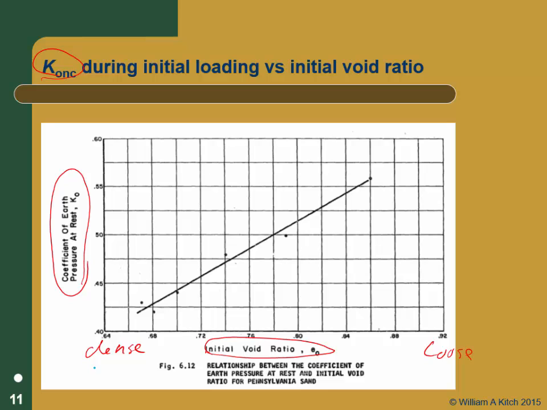This is all for clean sands, so the strength is just phi, right? So this is for high phi prime, and this is for low phi prime. The implications for that will be apparent in a little while.